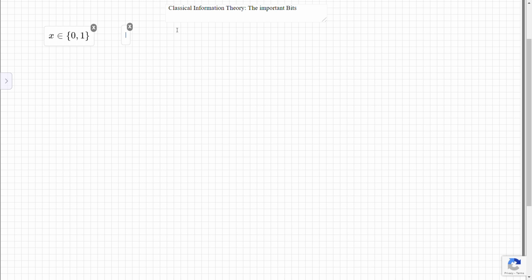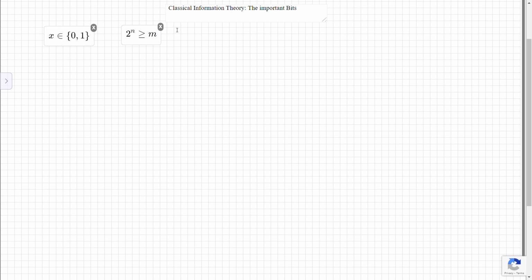Similarly, two bits in combination can represent 2 into 2, 4 different messages. Three bits in combination can represent 2 into 2 into 2, 2 cube, 8 different messages. So in general, if you have m messages, then the number of bits required to encode them is n, where 2 to the power n equals m.